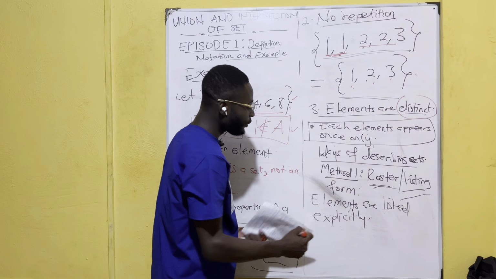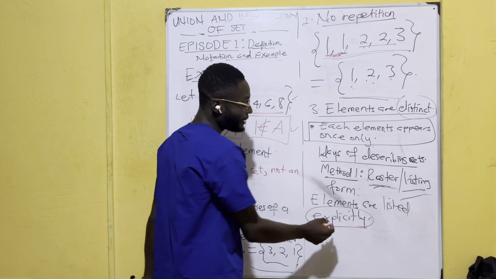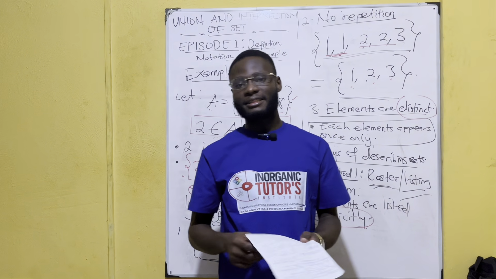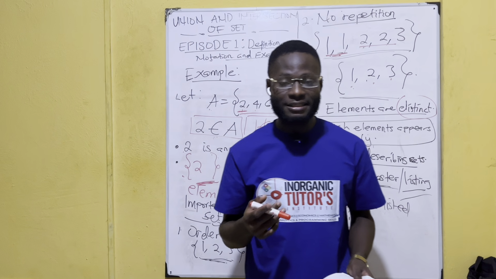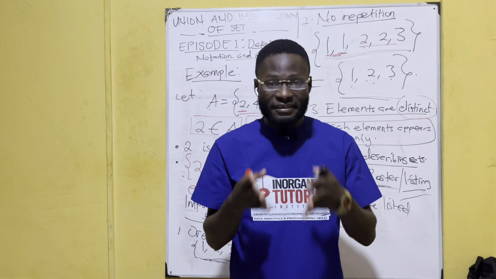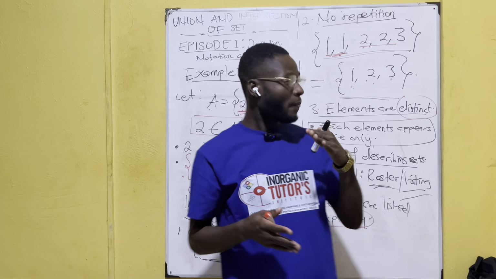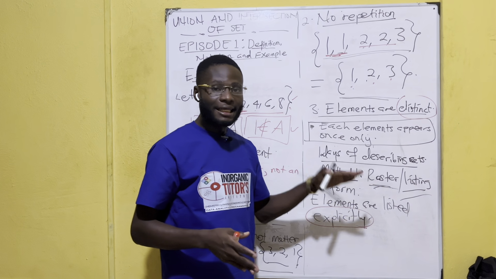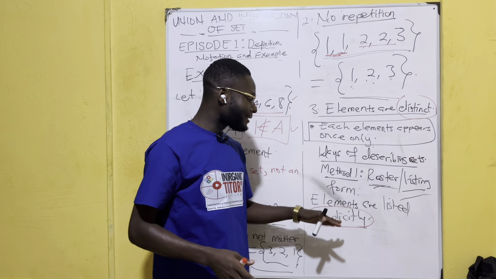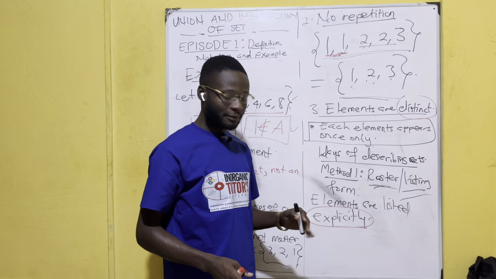In your advanced mathematics, you will always come across the word explicitly. If I say describe yourself explicitly, it means be specific in your description. So under the roster or listing form, we expect that elements are listed explicitly or specifically.